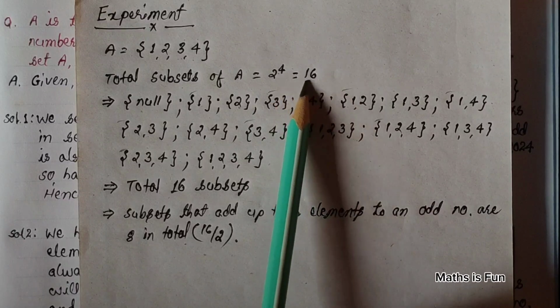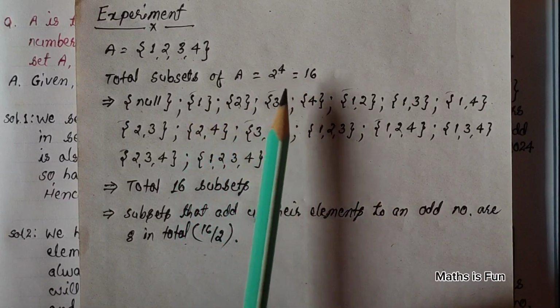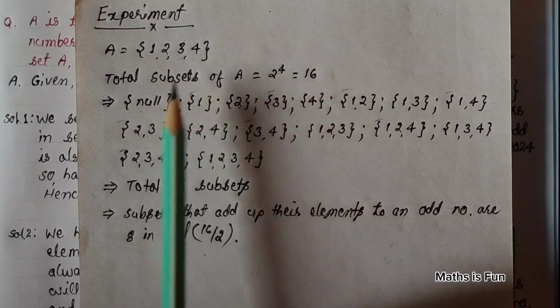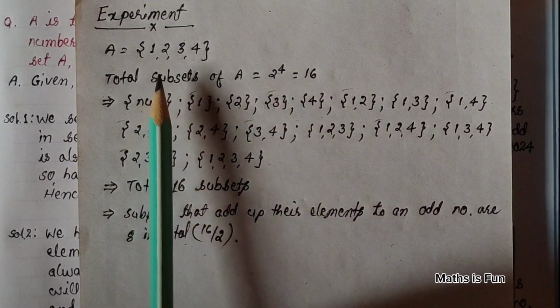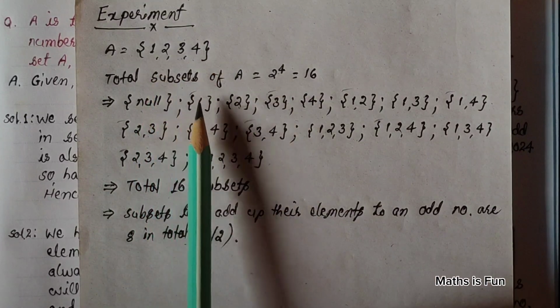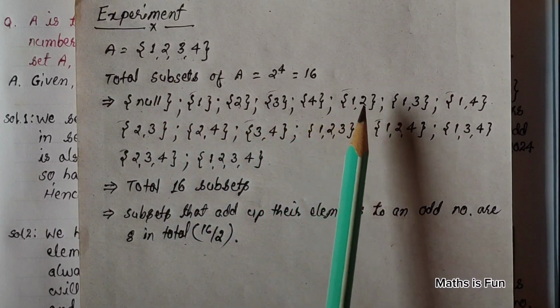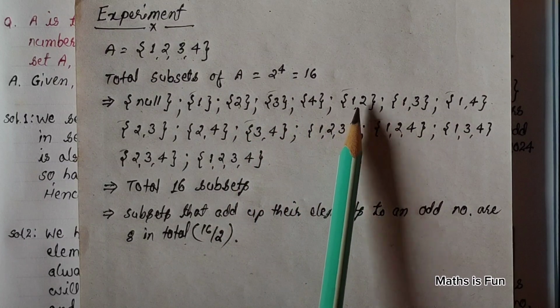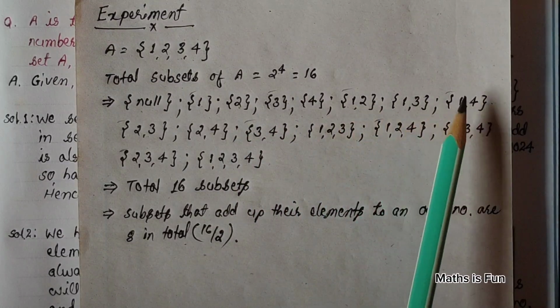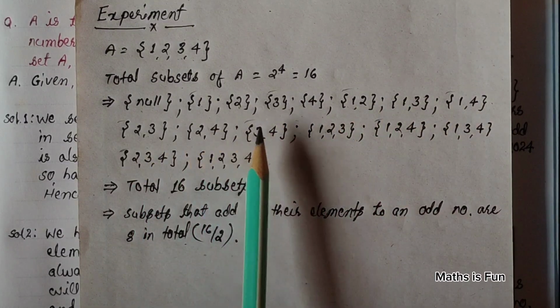What are these 16 subsets? We are going to see them one by one. The first one is null, in which there is no element. The second is 1, then 2, then 3, then 4. Then we can take two numbers at one time: 1 and 2, 1 and 3, 1 and 4, 2 and 3, 2 and 4, 3 and 4.